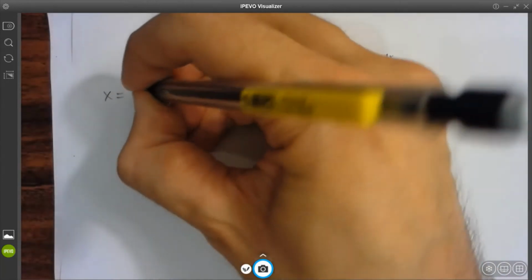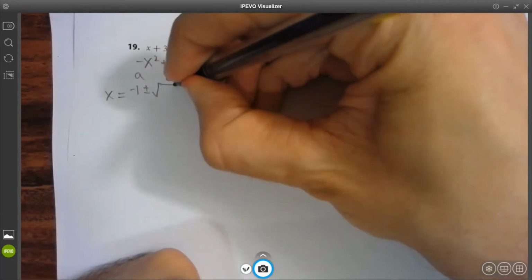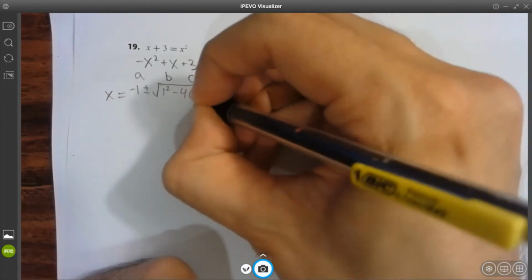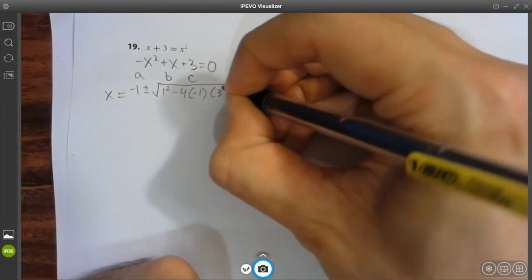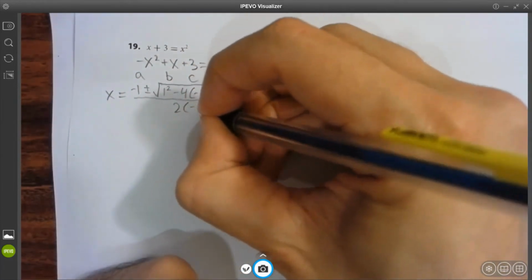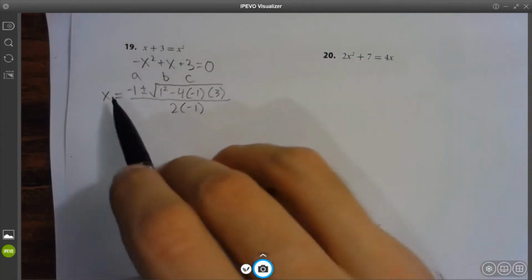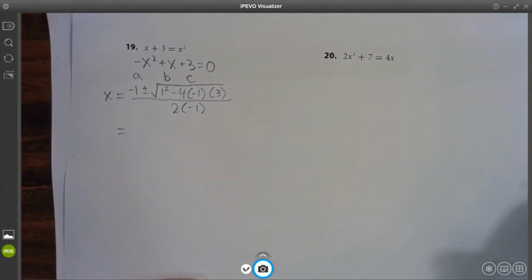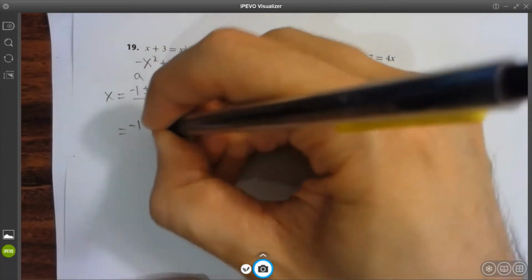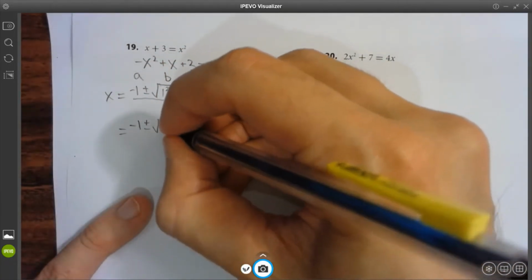Okay, so negative 1, that's negative b, plus or minus square root of b squared minus 4ac all over 2a. All right, I think I got that. Let's start chipping away at it. We have 1 squared is 1.